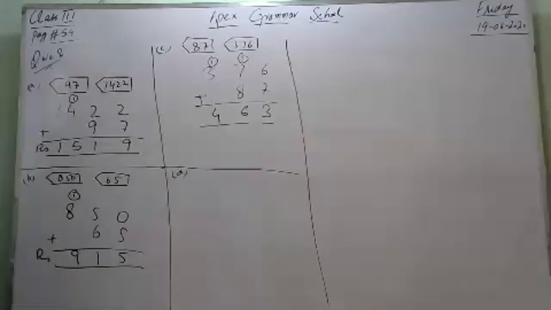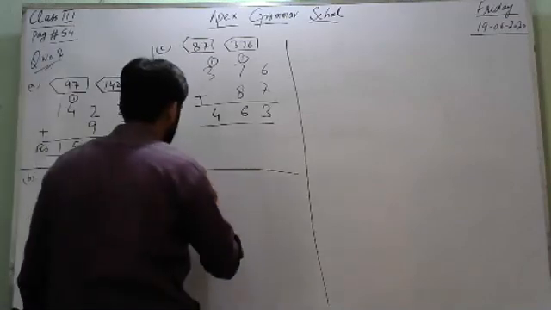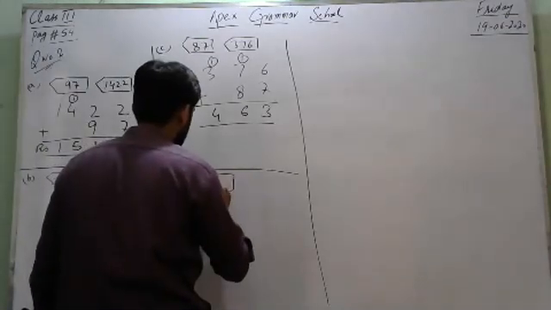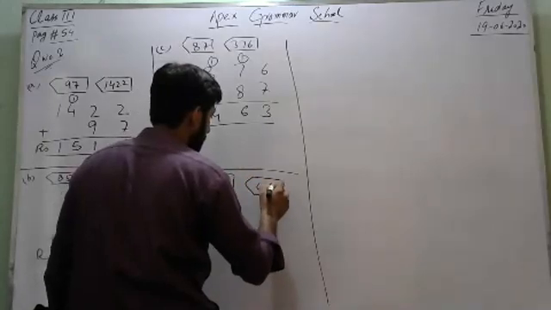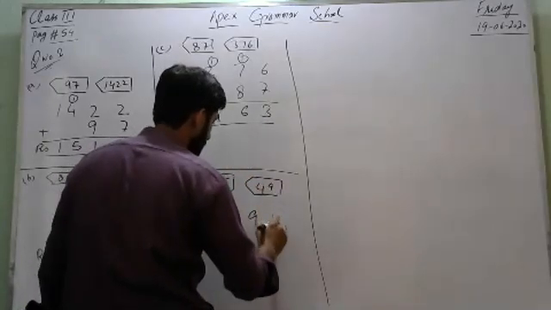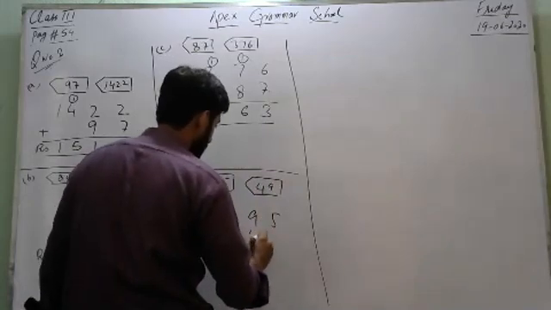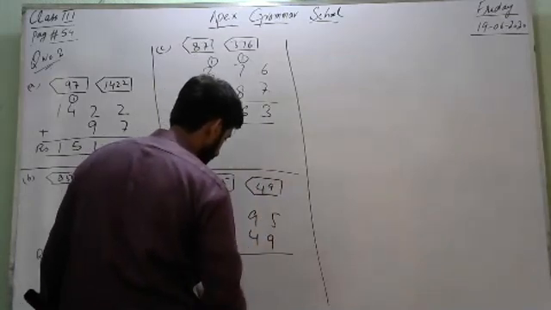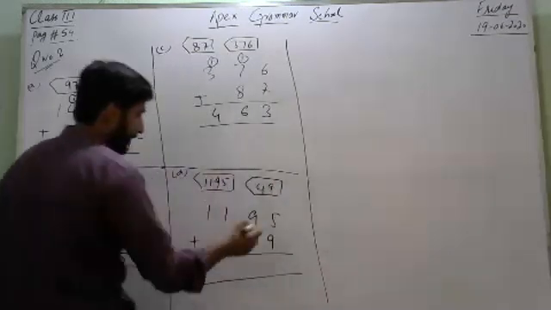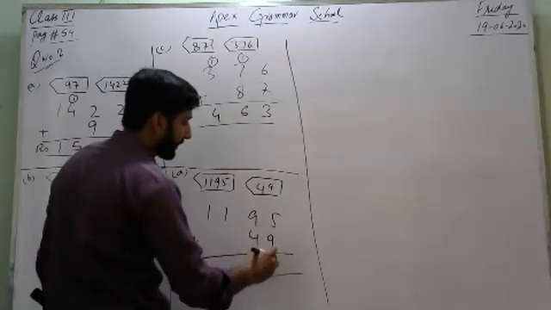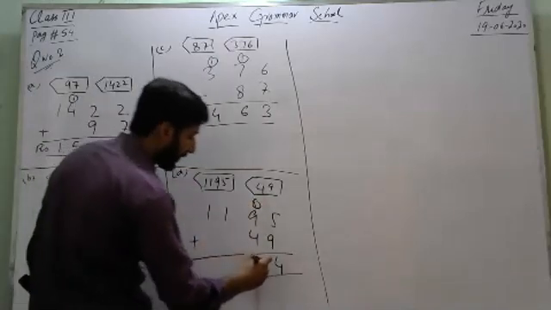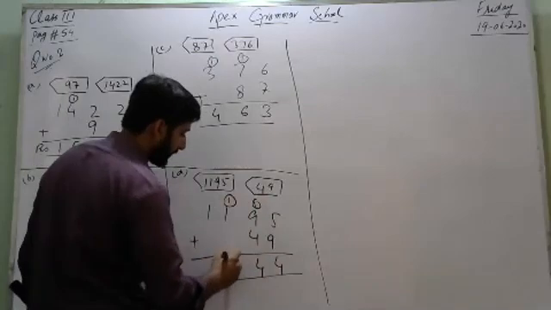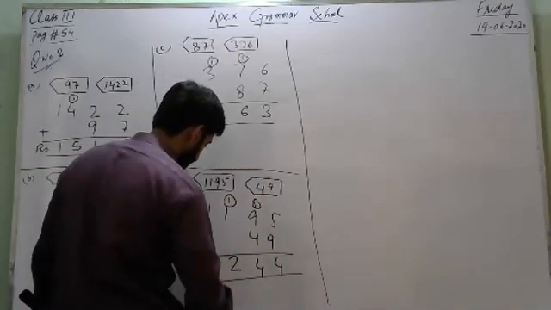Last part of question number 2 is 1195 and 49. 9 plus 5, 14. 9 plus 1, 10. 10 plus 4, 14. 1 carry. 1 plus 1, 2.